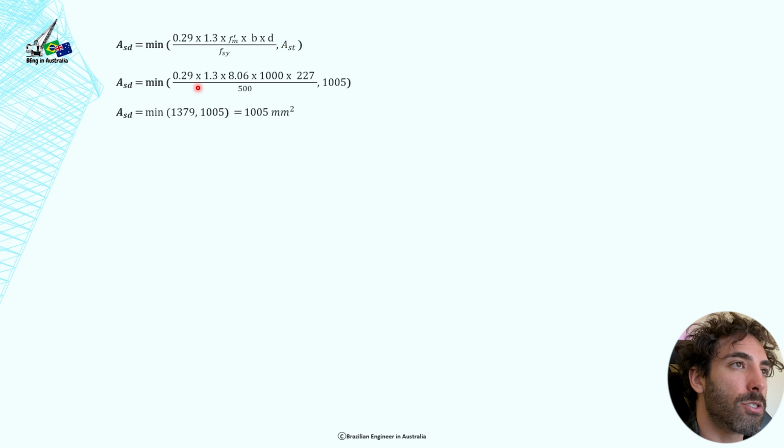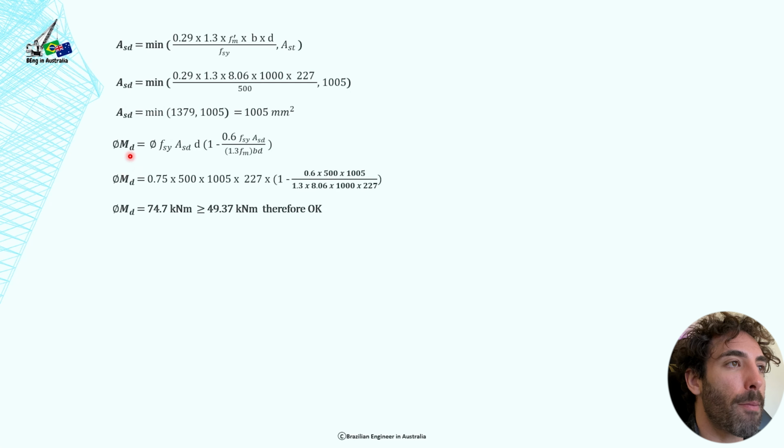So if we substitute all the numbers into this formula here, B is 1 meter, so it's 1 meter length of wall into the page. I'm just changing that to millimeters. We get that the minimum of these two numbers here is 1005, which is the area of reinforcement of N16 at 200 centers. Now, if this formula here would give you a number smaller than 1005, you would have to use that number, because it's the minimum that we're using.